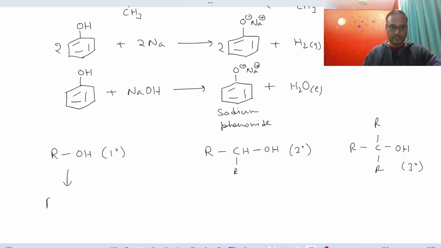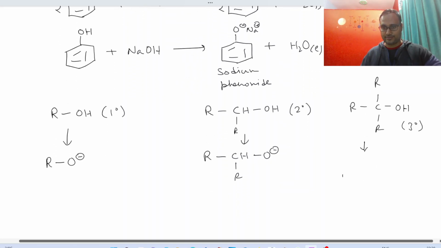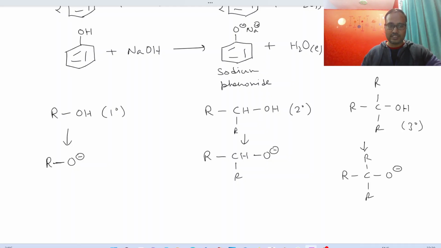So they lead to the formation of RO negative alkoxide ion, RCHRO negative ion, and in the tertiary alcohol it leads to the formation of RCRO negative ion. As we know, this alkyl group is electron donating in nature.